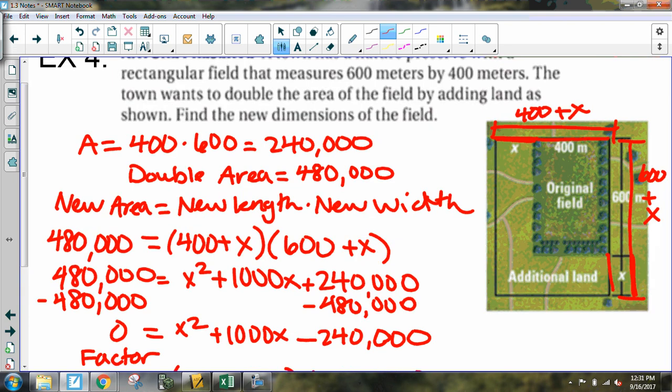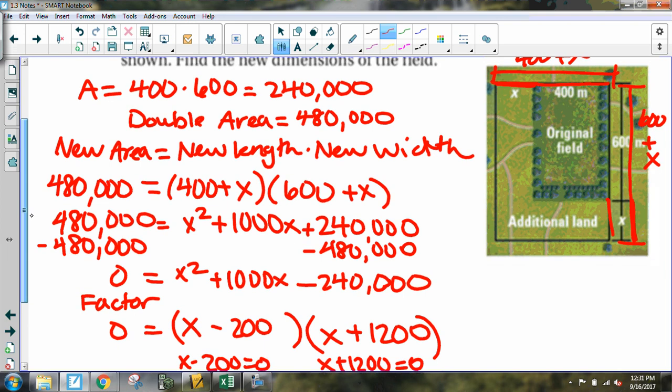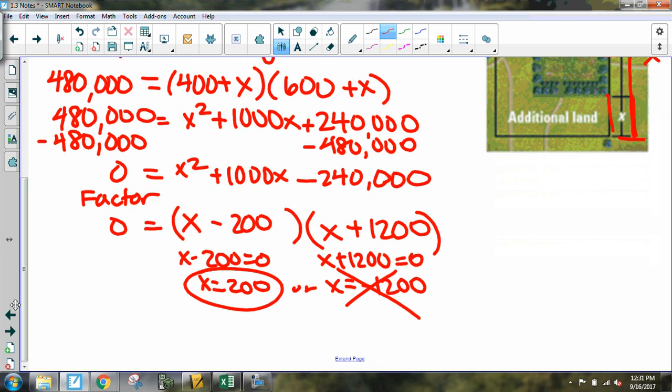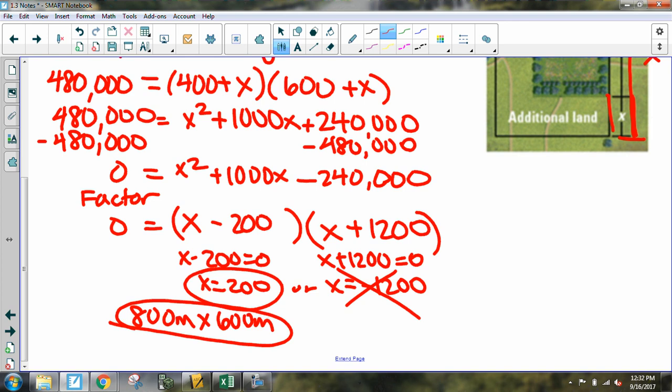So our new dimensions of the field are 400 plus 200 and 600 plus 200. So you're going to get 800 meters by 600 meters as our new dimensions. So those are our new dimensions of the field.